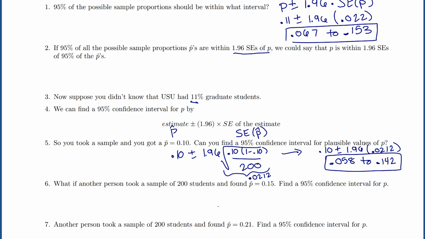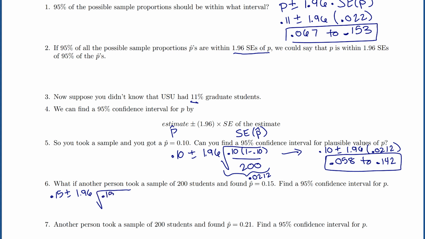So what if another person took a sample of 200 students and found that their sample proportion was 0.15? Let's find a 95% confidence interval for P for them. They would take their sample proportion of 0.15 plus or minus 1.96 times their standard error. But we don't know what that is yet, so let's find it.